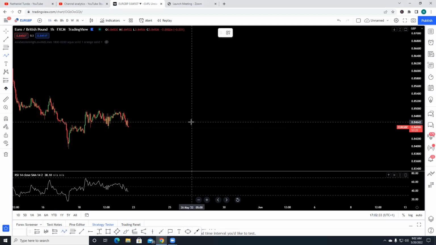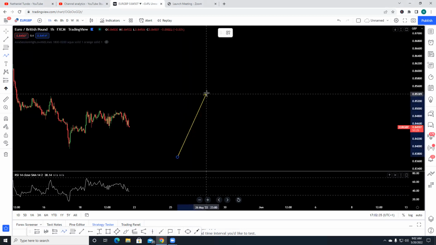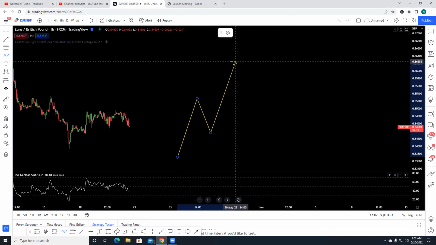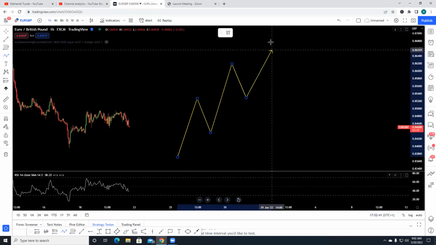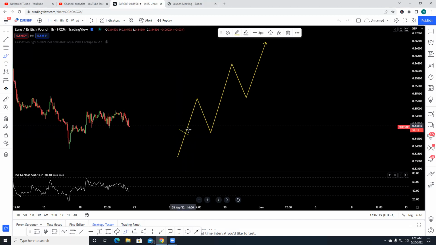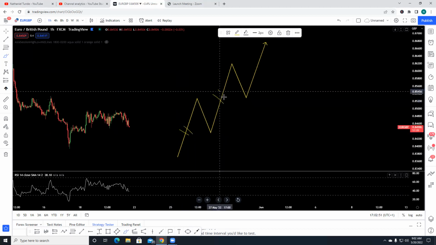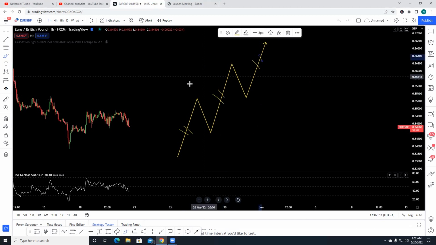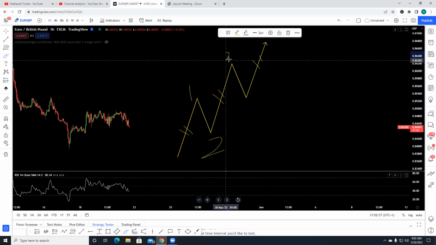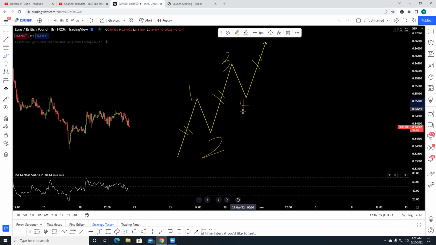If you have a move, this wave 1, 2, 3, 4, and 5. We discussed this in part 1 of the lecture. This is wave 1, wave 2, wave 3 up, wave 4, and wave 5.